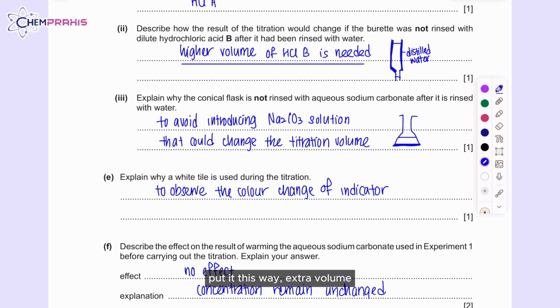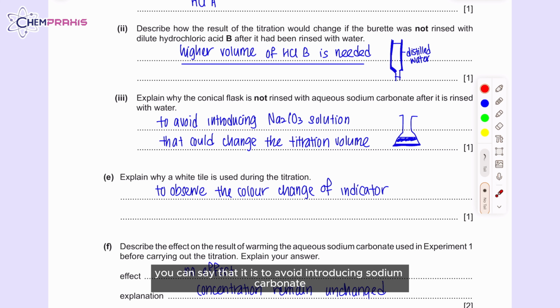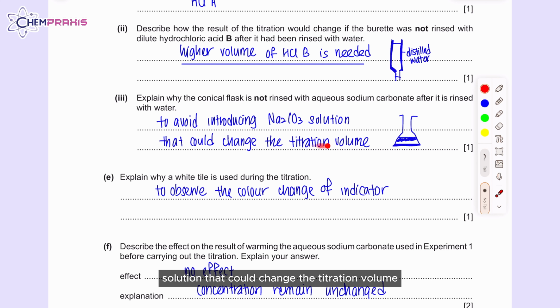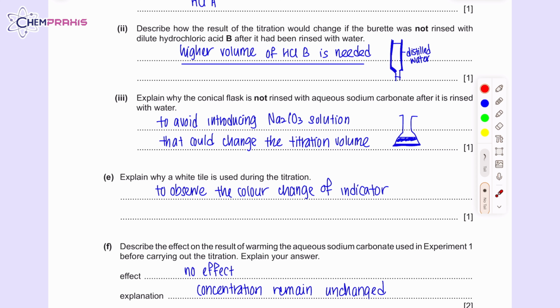And if you have extra volume, we will have a higher titration volume. So for this question, you can say that it is to avoid introducing sodium carbonate solution that could change the titration volume.